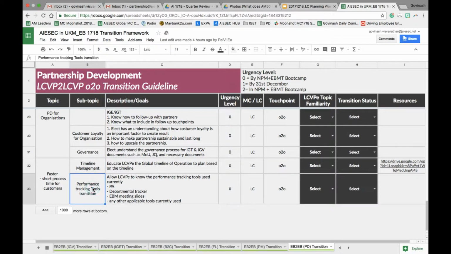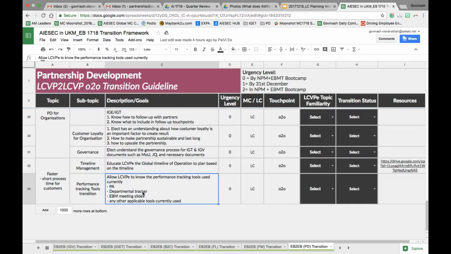And the last part will be performance tracking tools. Something very crucial is that the LCBPE needs to understand the importance of using PA, which is performance appraisal, using a departmental tracker, your meeting slides, and also any applicable tools such as HubSpot, which is very important. So do emphasize that to your current successor.